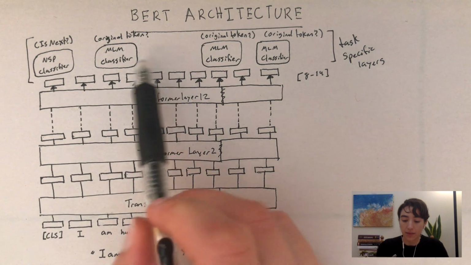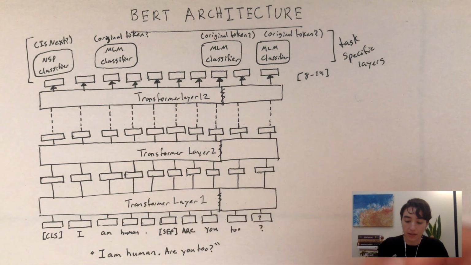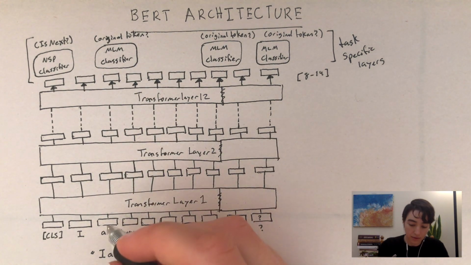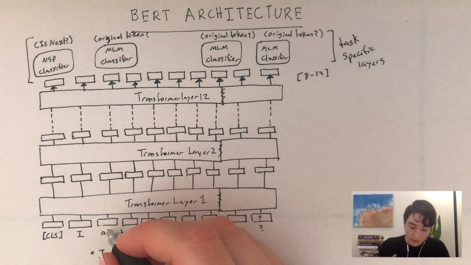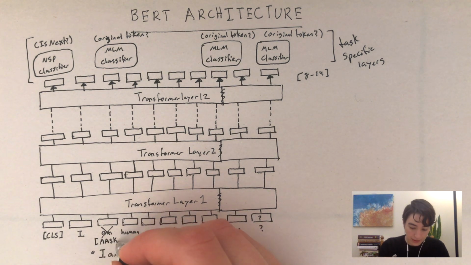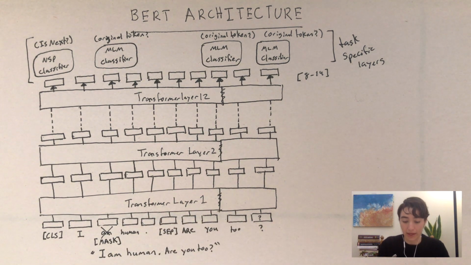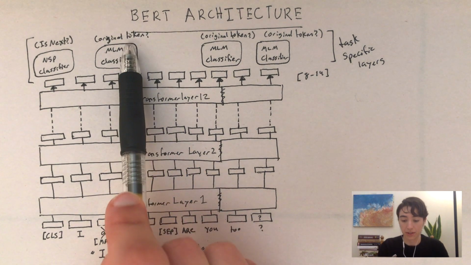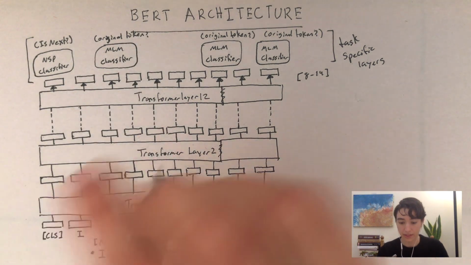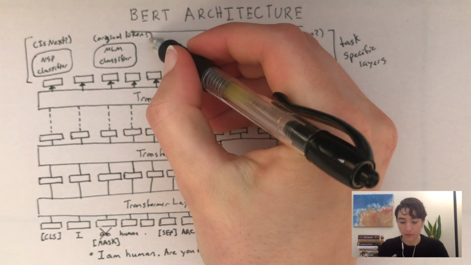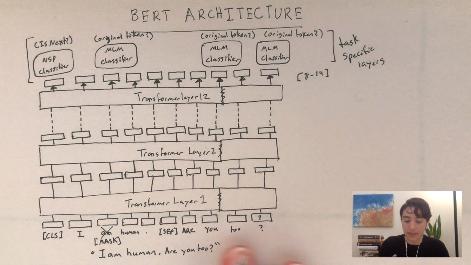What does that mean? That is the masked language model. So let's say we went through and we're going to mask out this word, and we're going to have the model guess what the original token actually is. That's what this is doing. And we could do it in multiple different places.